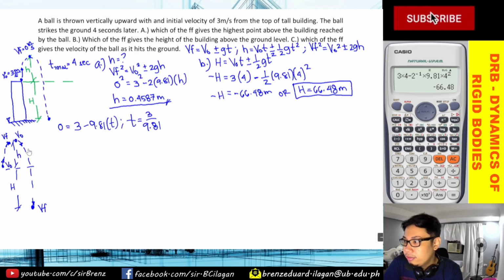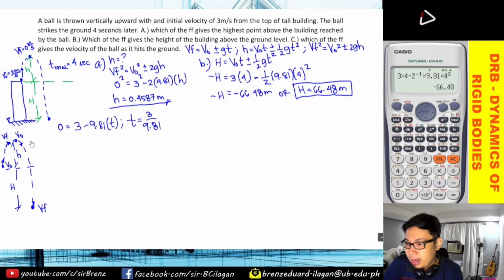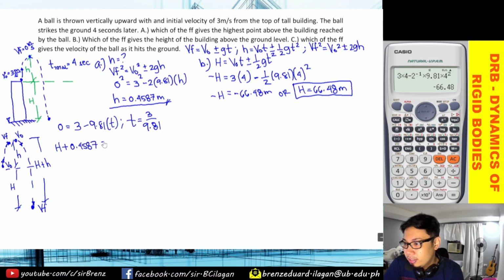And then to solve for yung H, ito na nga siya. Okay, so ang gawin natin, itong c na to, yung pababa na. So, ang hanapin natin is yung height. Pero mangyayari dyan, i-add mo yung dalawa. So, h plus yung 0.4587. So, gagamitin ko yung second equation. Ito. So, initial velocity niya is 0 kasi from the top, pababa na siya.